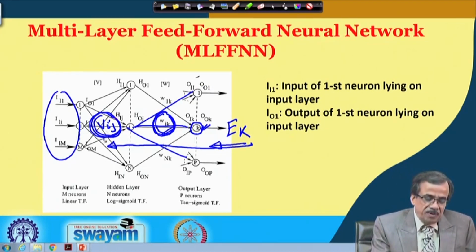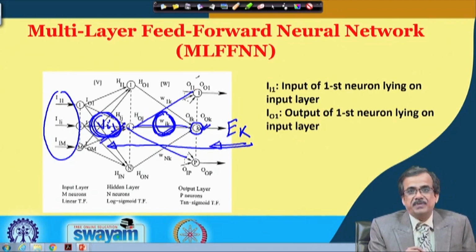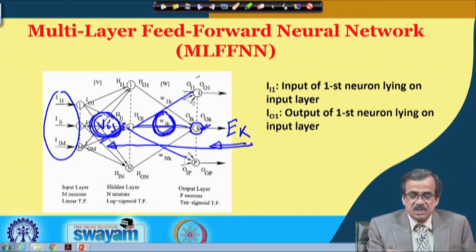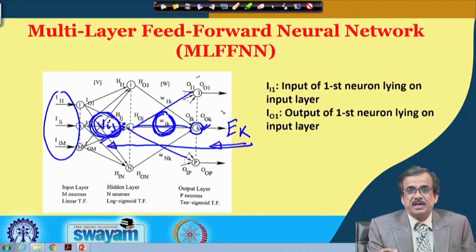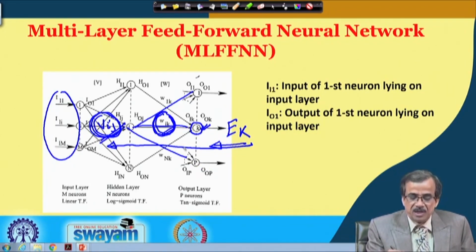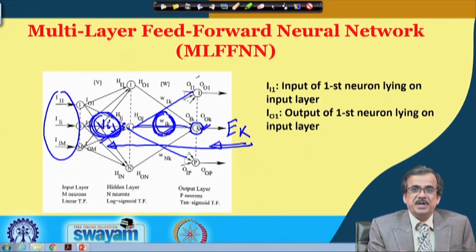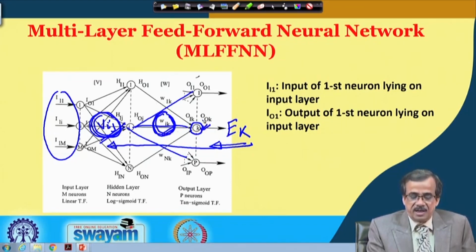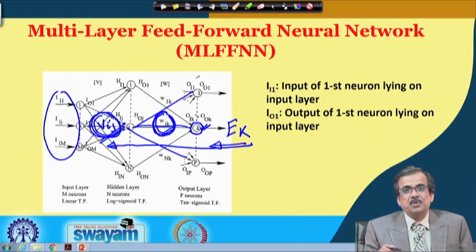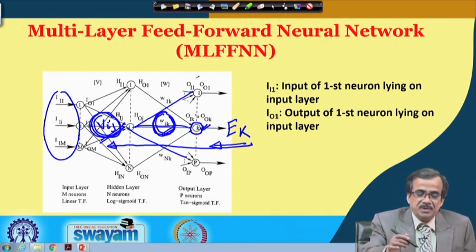That means, if I want to update this Vij, I will have to consider the average error of these output neurons. On the other hand, if I want to update only Wjk, I will have to consider the error of only this kth output neuron. So, I think I am clear.